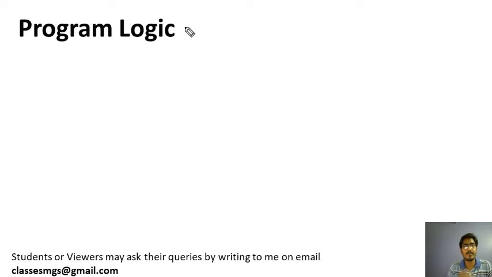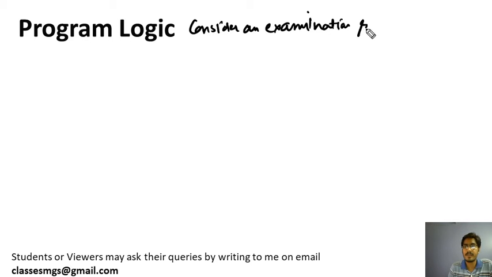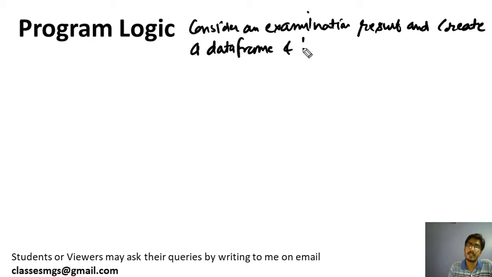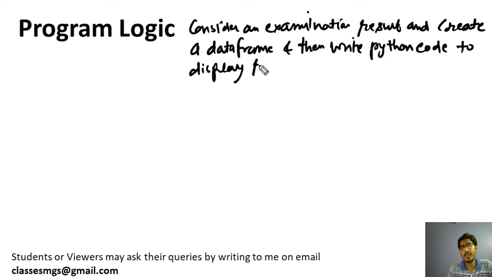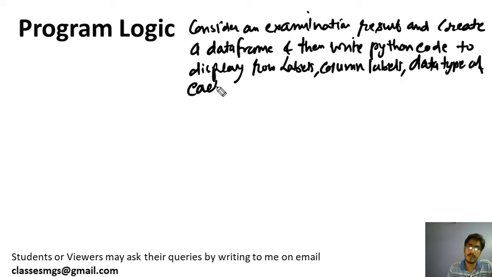So here we are going to discuss the problem statement. Consider an examination result and create a data frame, and then write Python code to display row labels, column labels, data types of each column, and dimension.